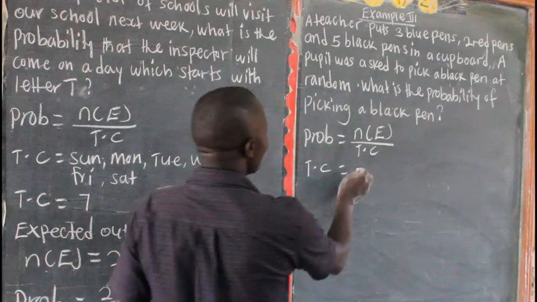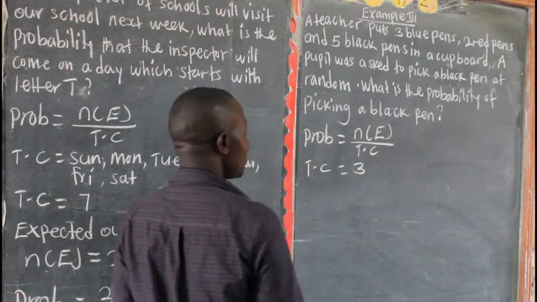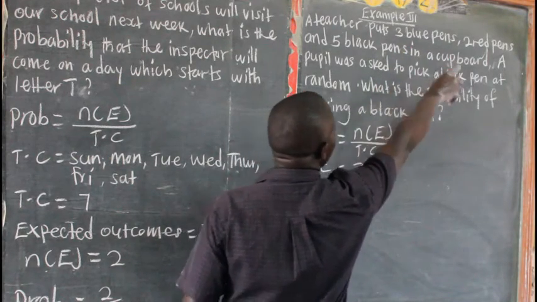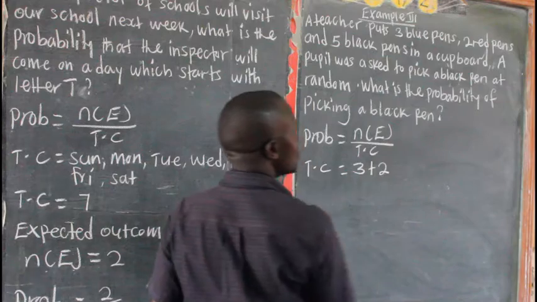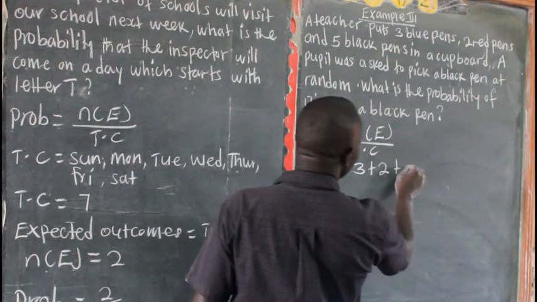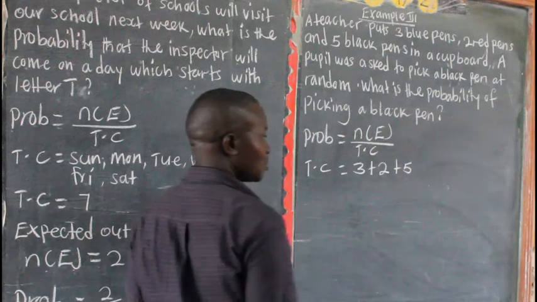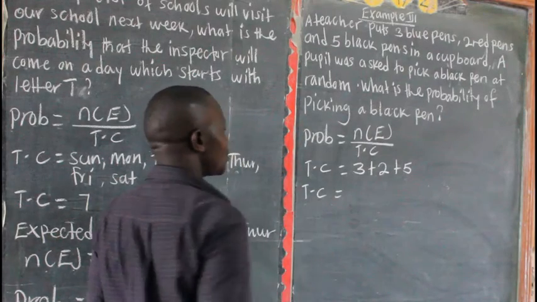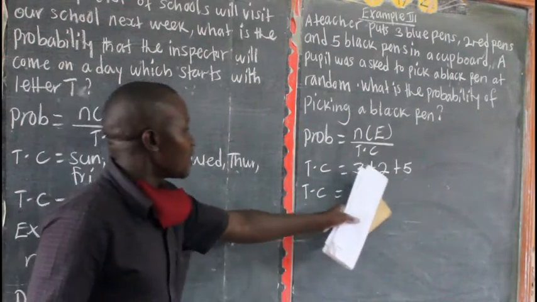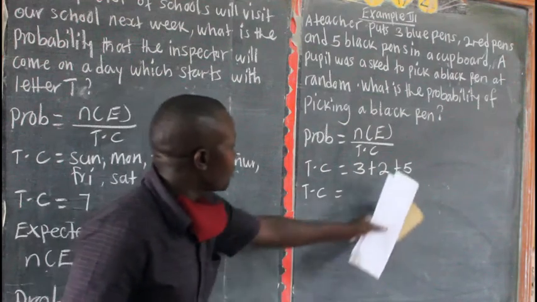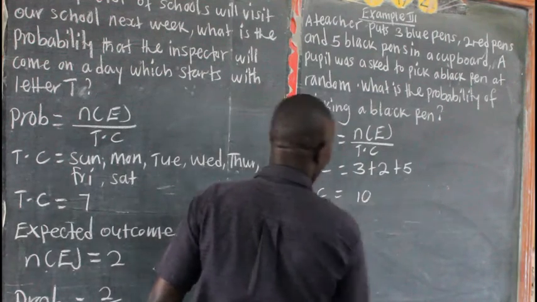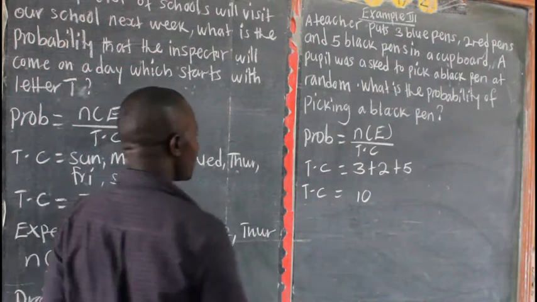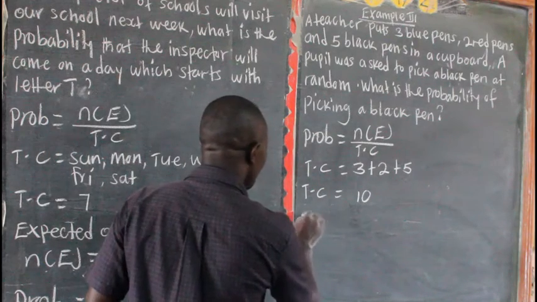In the bag, we have 3 blue pens plus 2 red pens plus 5 black pens. So 3 plus 2 is 5, and 5 plus 5 is 10. That's the total chances.